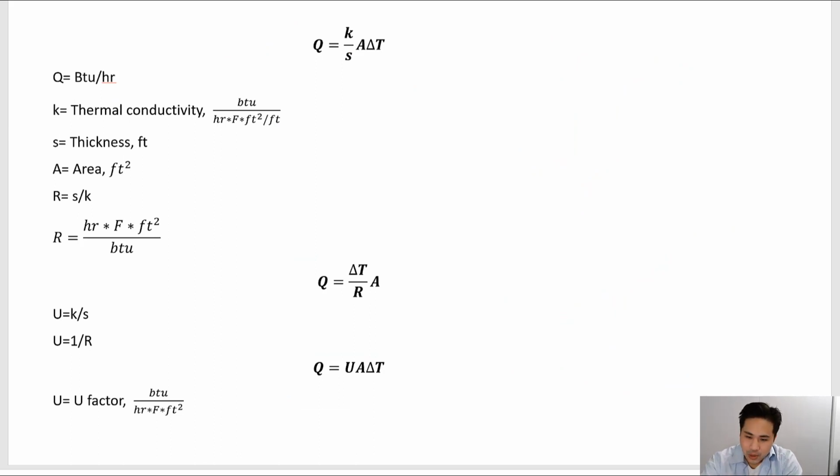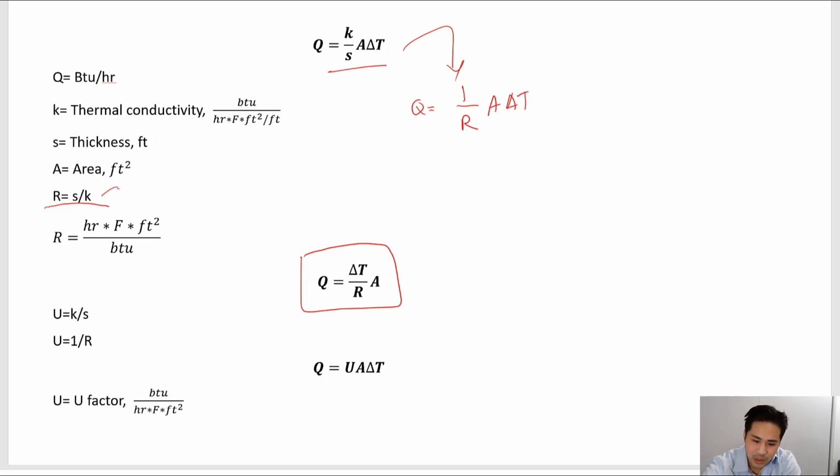Okay, now to get to this bottom equation, we're going to have to look at something called resistance, okay? And resistance is just S over K. And if you look at the top formula, we can rearrange this formula here to be like this: 1 over R, A delta T, because R is equivalent to S over K. So if you take the reciprocal of S over K, you get K over S. So these two things are the same thing.